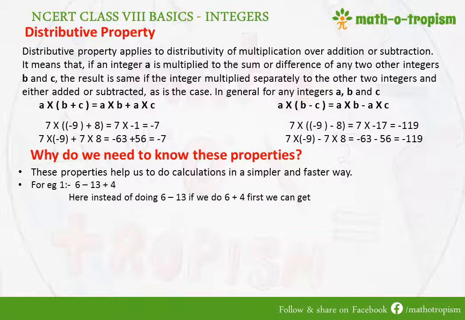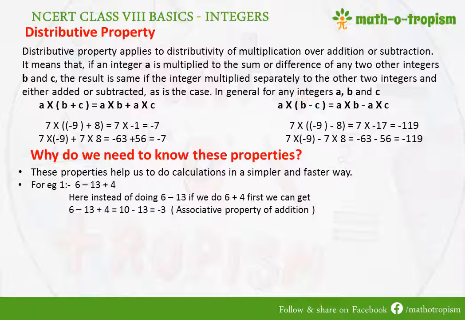But instead of doing 6 and minus 13 first, I know 6 plus 4 is 10. Quickly I can see and find the pair. So I will do 6 plus 4 first and then subtract from minus 13.